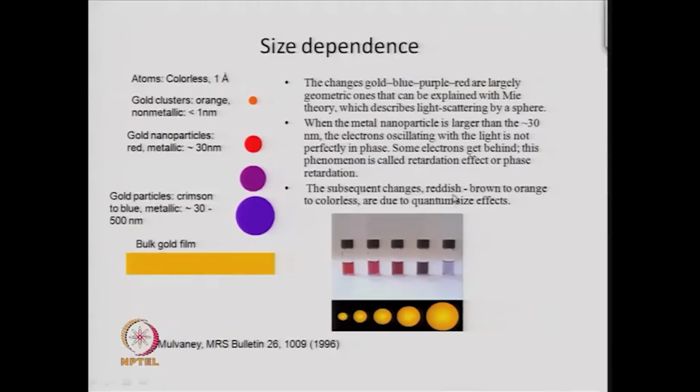At very small size the colors are basically reddish brown to orange or colorless, and those are due to quantum size effects. But at large size, the blue, violet and red you can explain using light scattering by a sphere, as explained by the Mie theory.